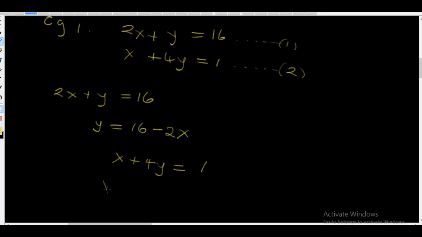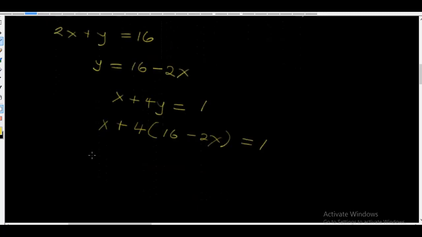So x plus 4 bracket 16 minus 2x is equal to 1.